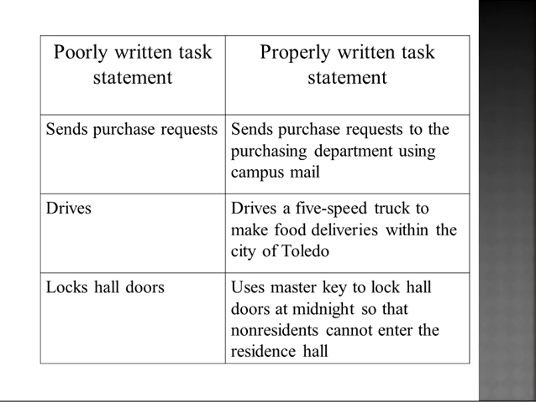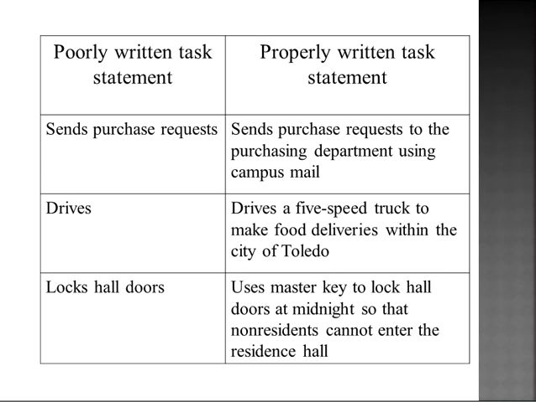Here are examples of poorly written and properly written task statements. Poorly written: sends purchase requests. A better way to do it: sends purchase requests to purchasing department using campus mail. Poorly written: drives. Better: drives a 5-speed truck to make food deliveries within the city of Toledo.